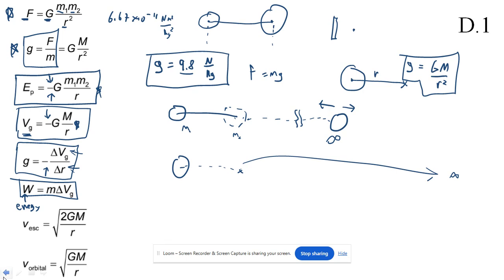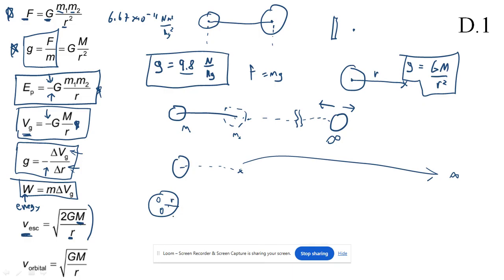And then we've got a couple other equations here. You've got the escape velocity. So if we start a distance r from the center of this mass, this is how fast you'd have to go. Say we've got the moon, you know, big craters on it, and we start on the surface of the moon at a distance r from its center.